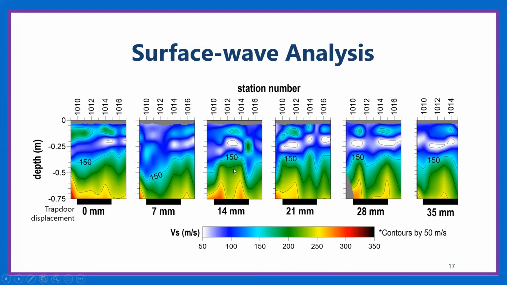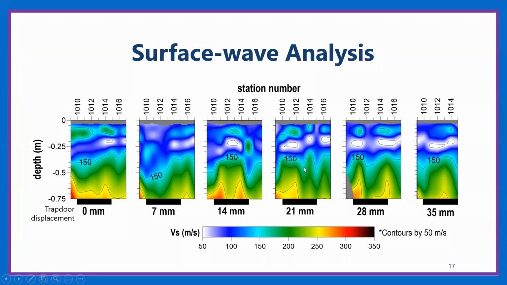As we continue to move the trapdoor downwards, we see what's interesting now. We almost see a dome-like structure that extends across the entire trapdoor, which is very interesting. So you see a drop in shear wave velocity on the edge of each trapdoor here, and then you start to see some increases immediately above the trapdoor.